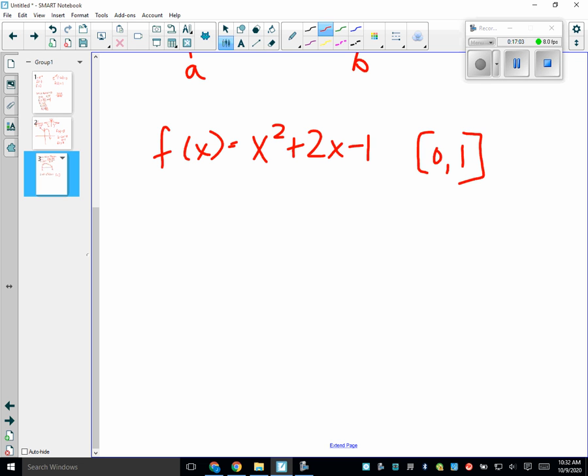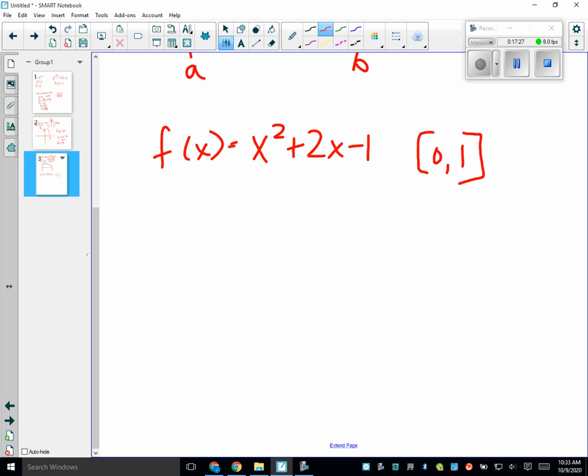If I graph x squared plus 2x minus 1, what is that? It's a parabola. Is it on a closed interval? Yeah. Is it continuous? Yes, a parabola is continuous, isn't it? Does it have a corner or a cusp? No. So it must be differentiable.